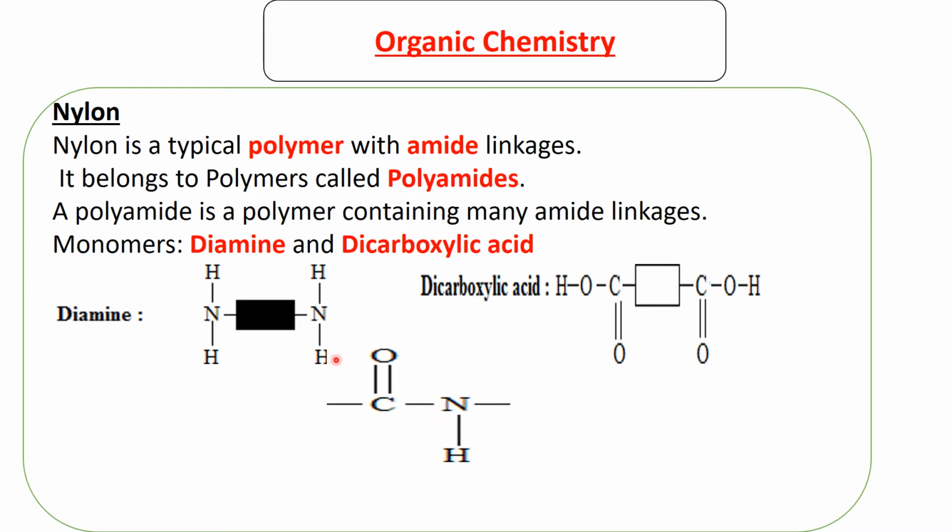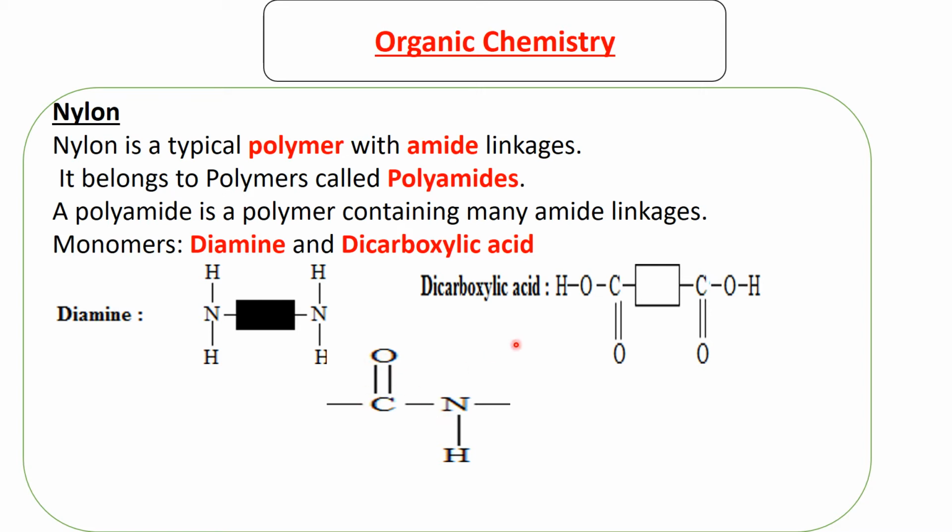So what happens is diamine is going to provide N and H, meaning that here it's going to lose one H, and then the N and the H are going to connect to the dicarboxylic acid. On the other hand, the dicarboxylic acid is going to lose the H and O, and then this carbon will connect with the N. That's what's happening here. You shouldn't be confused, it's just that it is flipped.